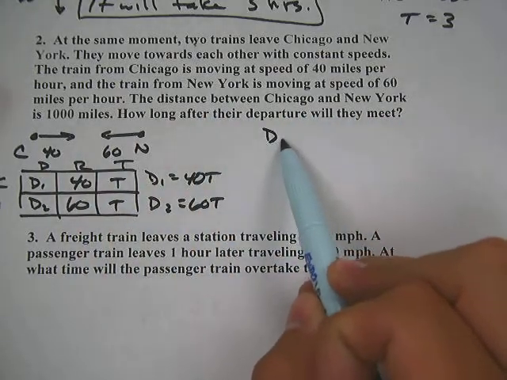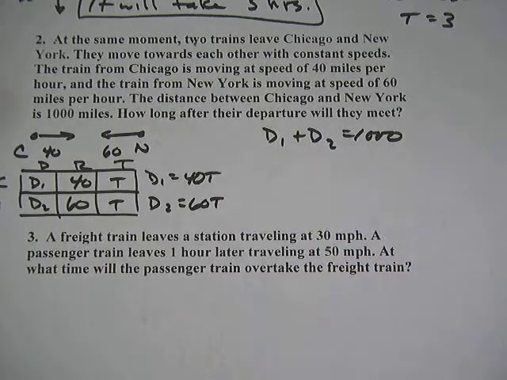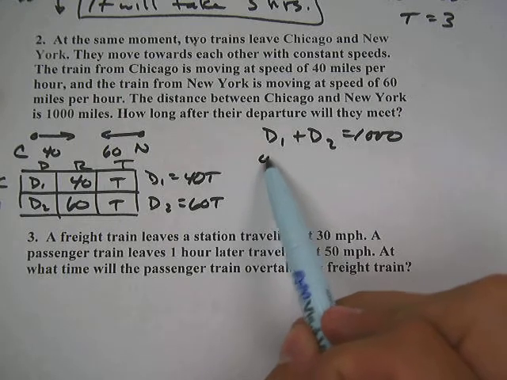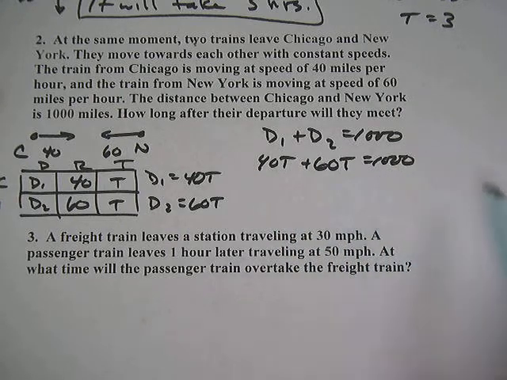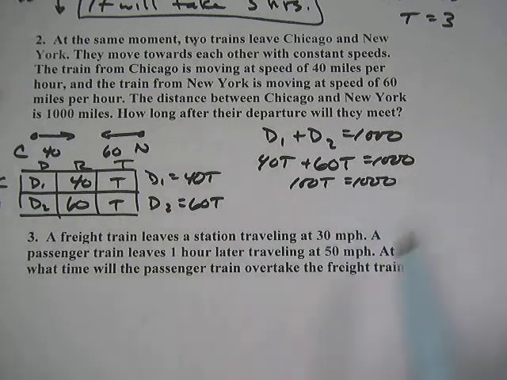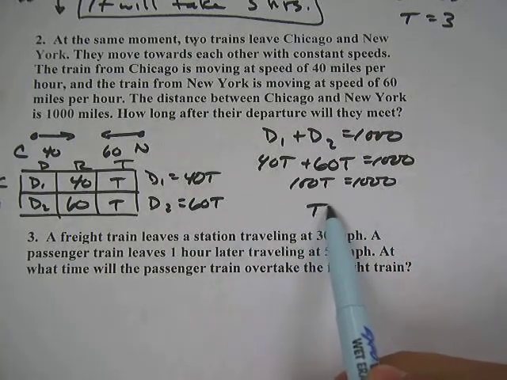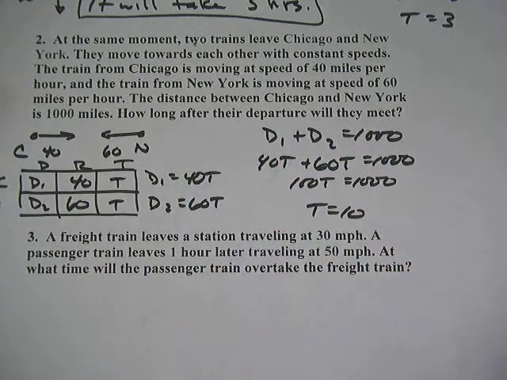Well, what do we know? We know that the distance between Chicago and New York will be 1,000 miles. That means together, d1 and d2 will eventually travel 1,000 miles. So I can just plug in. So I get 100t equals 1,000.